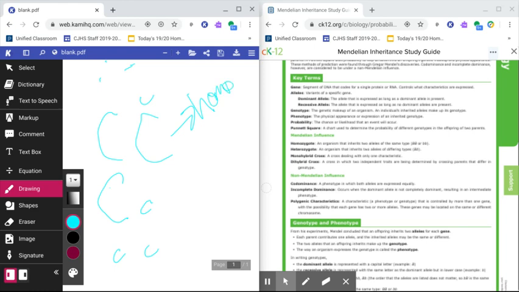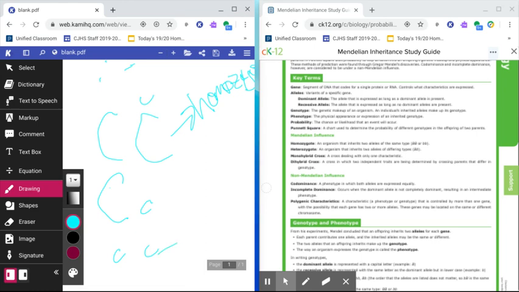So we have homozygous here, because they're both lowercase in this case. If you have one of each, they're not the same allele, then what we have is heterozygous. It means we have one big and one little, one dominant, one recessive. And that helps out when you're doing a Punnett square, for instance.